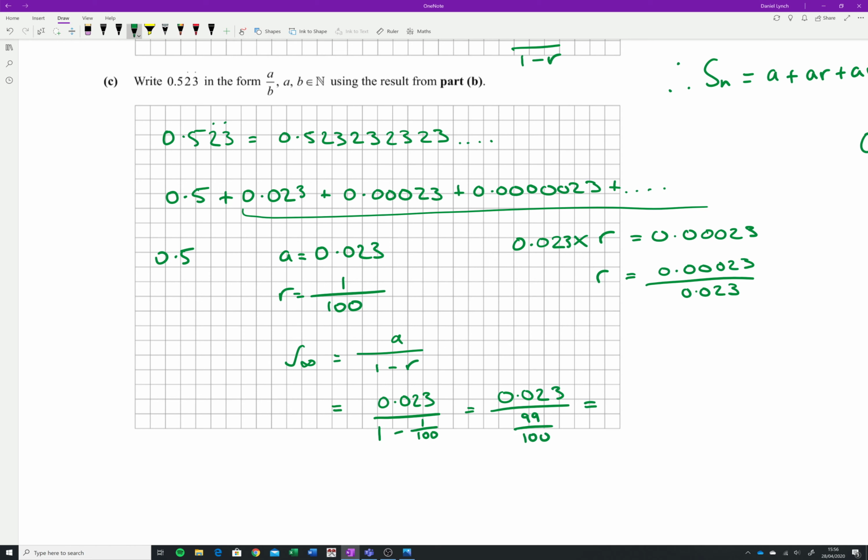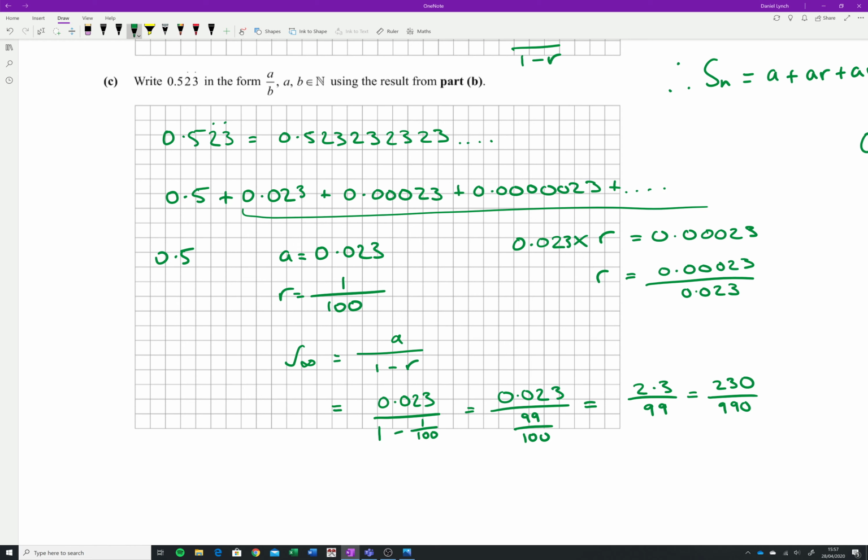You can multiply top and bottom by 100 to immediately go to 2.3 over 99. That's not all that helpful, because you will just be using your calculator for this.